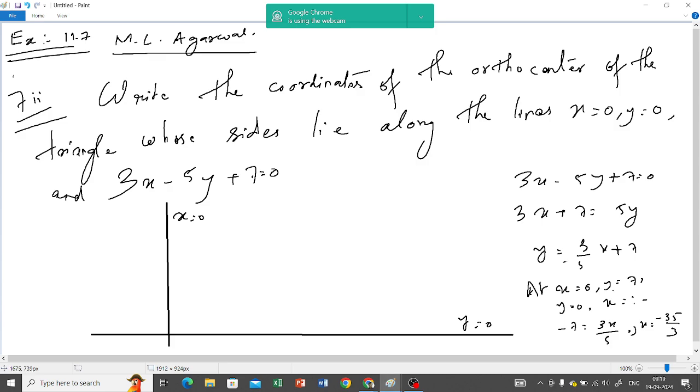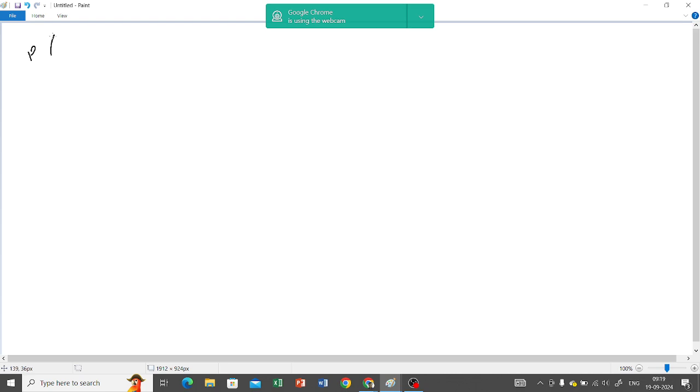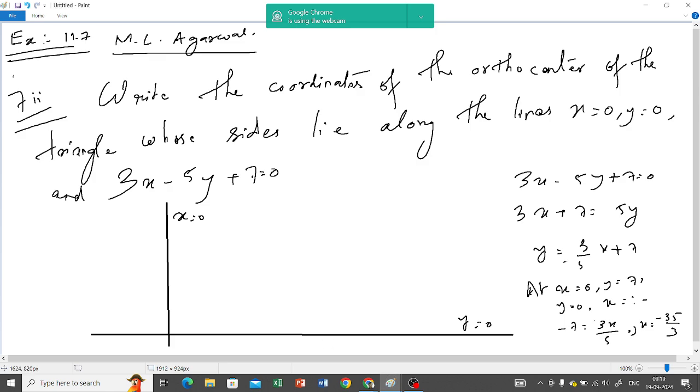So what are the 2 points? One is 0 comma 7, and the other is minus 35 by 3 comma 0.